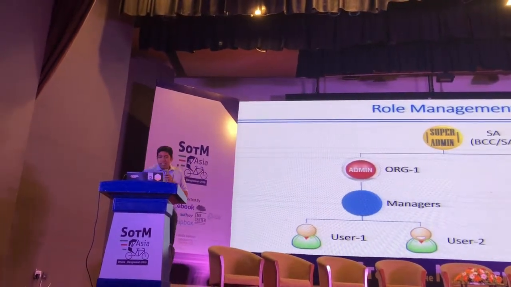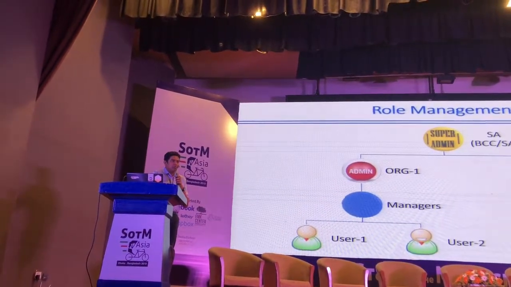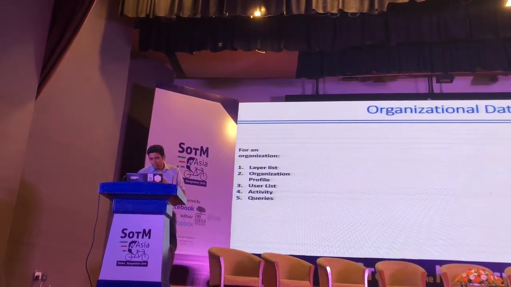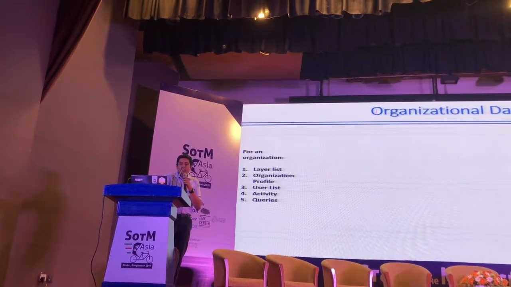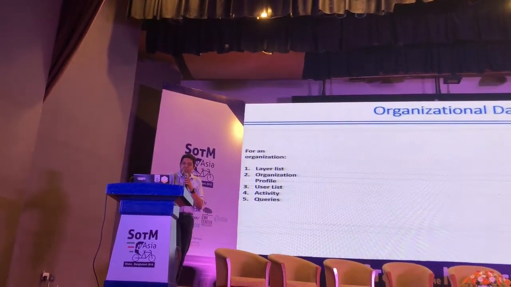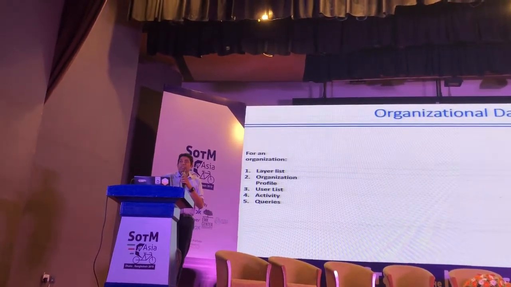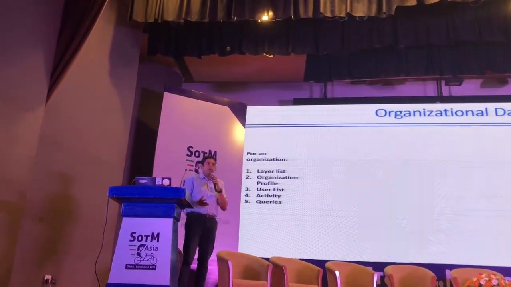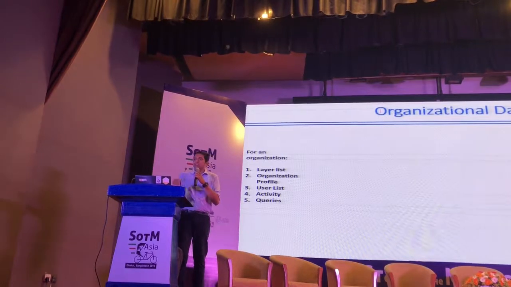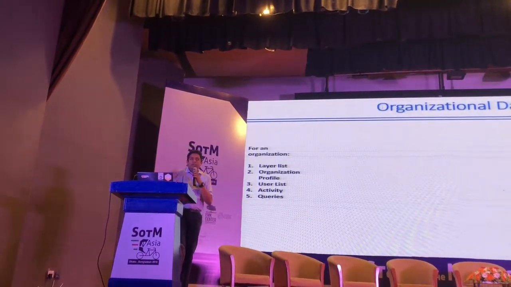The managers can add users and also remove them. So what type of organizational data is there? There are the layer list, organizational profile, user list, activity, and you can also post queries. Like if your data is wrong, I can post a query that your data is wrong, and you have to correct it.